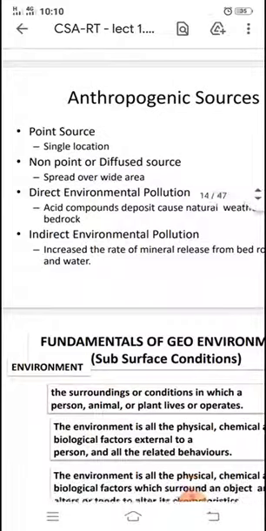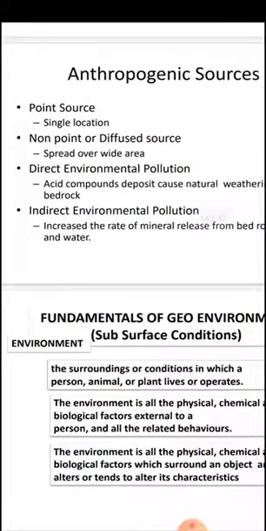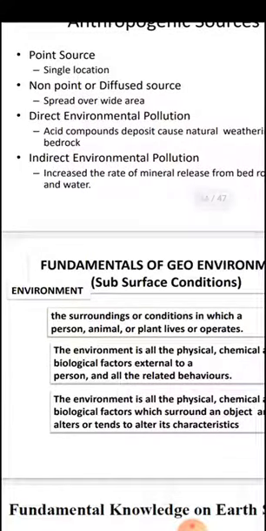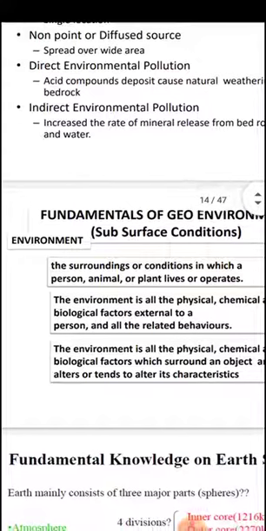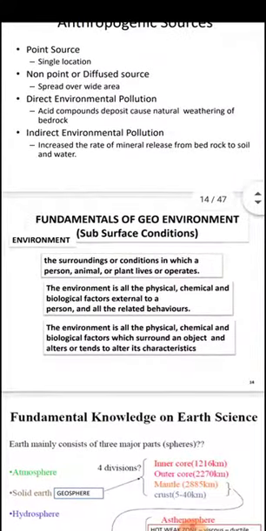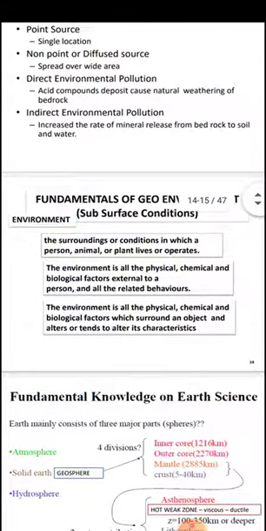Similarly, we have direct environmental pollution, which is very obvious, and indirect is again a resultant of some source. So I think these are some basic terms, and then what are the fundamentals, subsurface conditions? We must know. So it is like definition of environment.